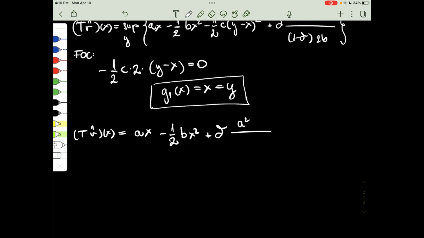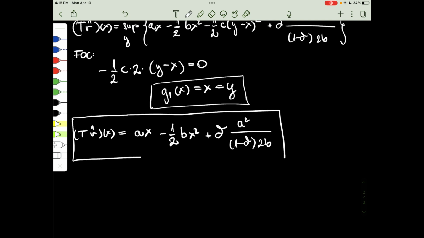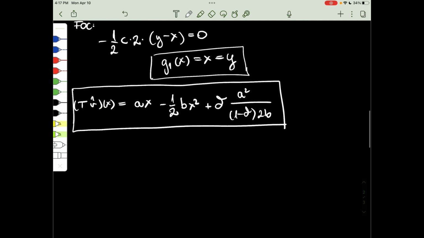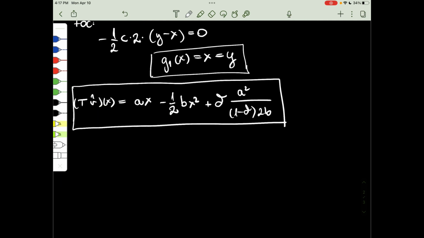So after putting the optimum policy function into the Bellman equation, we have the outcome of the first round of the iteration as the value function. And okay, it's not necessary to write it down again. So let's have the second round of iteration.